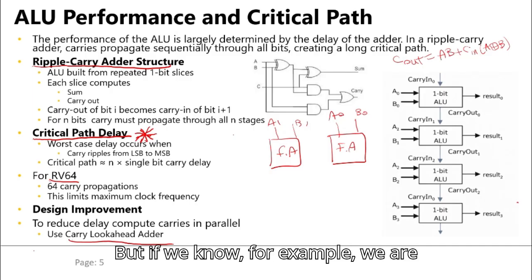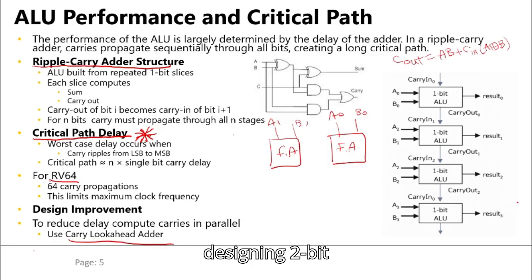But if we know we are designing a 2-bit adder, what about computing this carry in advance? Say C1 in this case is equal to, let's consider this as G0. G comes from generate.